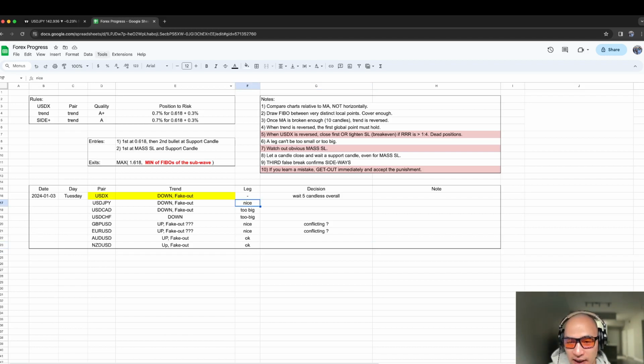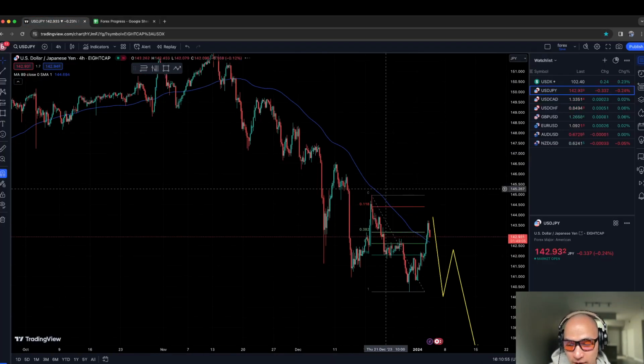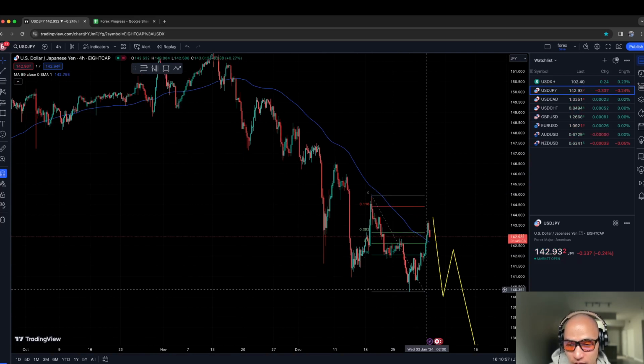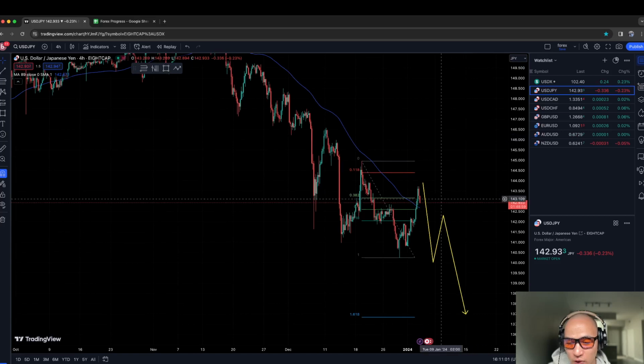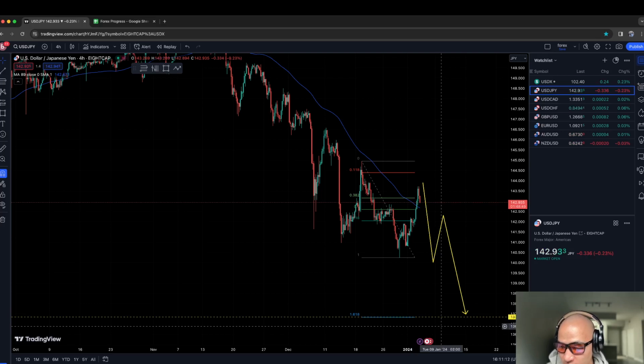You see, the last directional wave is not too big, not too small, and at this point it's likely to reach the 1.61 extension. If the current trend is still there and the market is faking out, USD Japan yen will likely reach 1.3735.